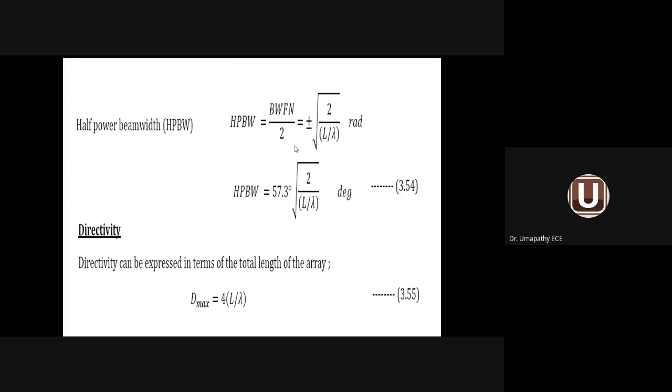Then we go to HPBW in terms of radian and degree, then directivity. So there are 5 parameters. The same procedure we follow for the broadside array is applicable for the n-fire array. So before going to the third topic, once again I tell you the differences between broadside array and n-fire array.